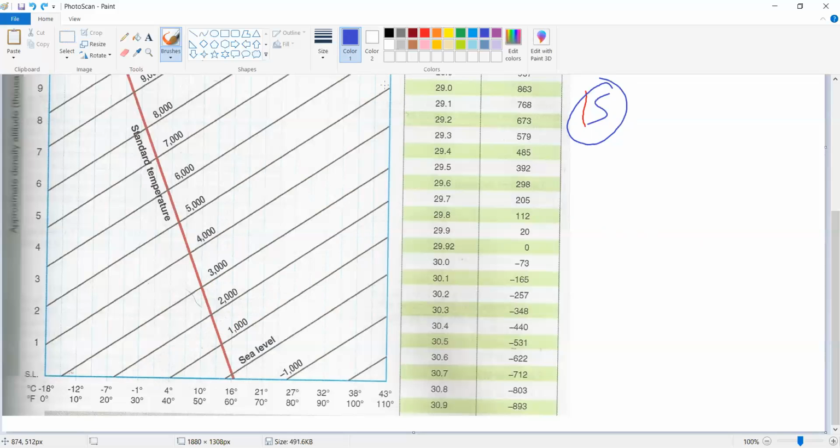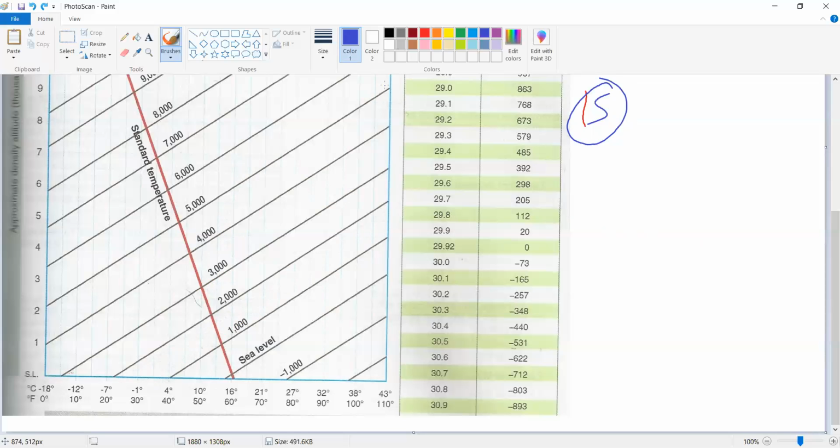Adjusting for non-standard pressure, this is true altitude, plus or minus, for pressure altitude. Based on the current altimeter setting on the chart, an altimeter setting of 30 requires you to subtract 73 to determine the pressure altitude. Note that 29.92 is not subtracted because that is the pressure altitude.